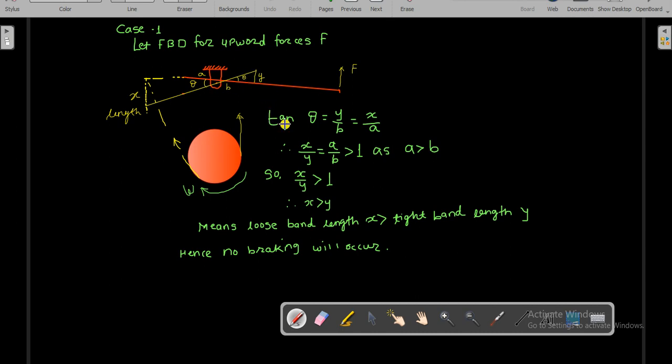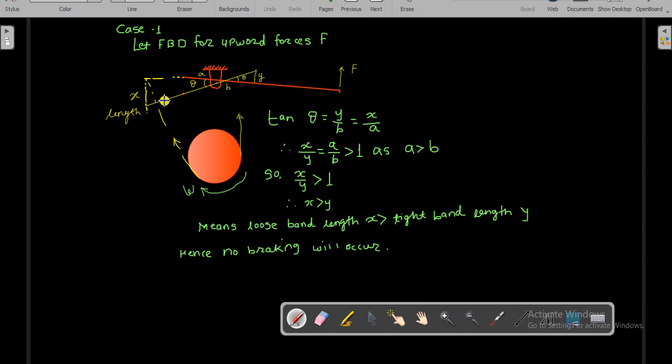So using trigonometry, let us say this elongation is y and this elongation is x. Tan theta is equal to y by b is equal to x by a. So x by y is equal to a by b. You know that a is greater than b here, so their ratio will be greater than 1. That means x will be greater than y.